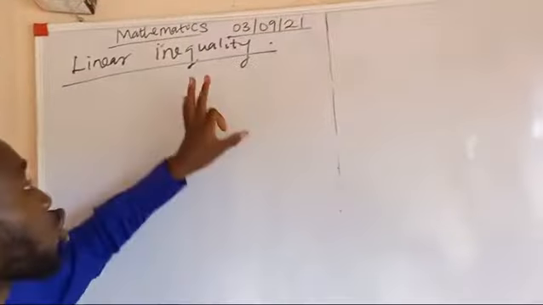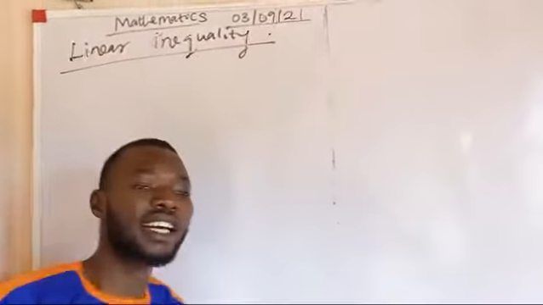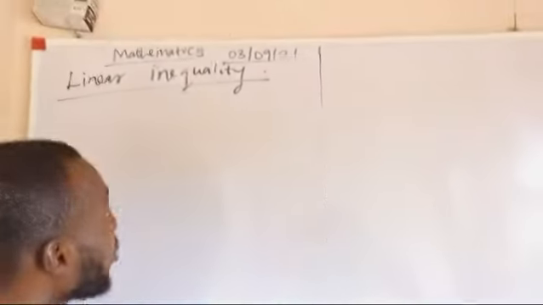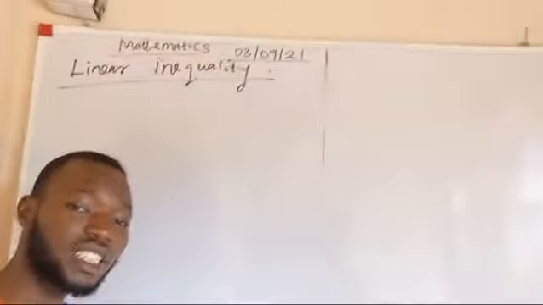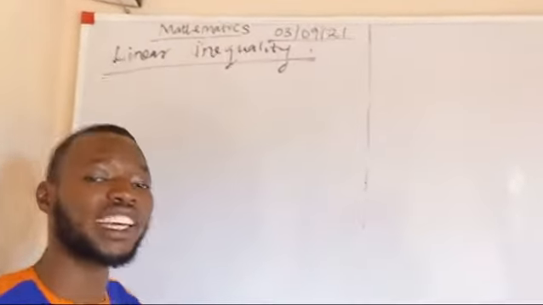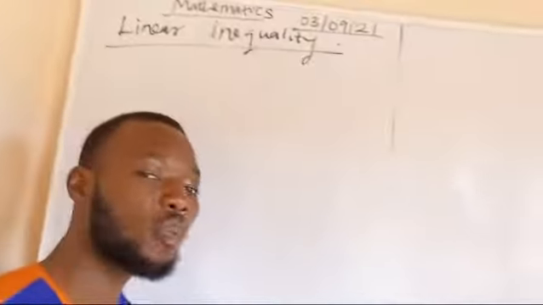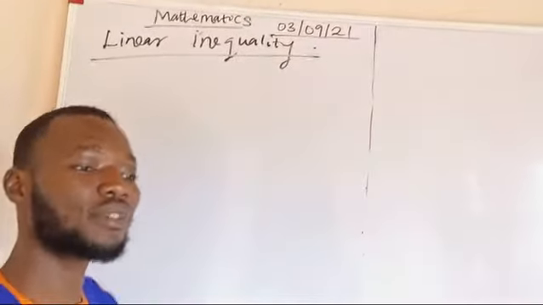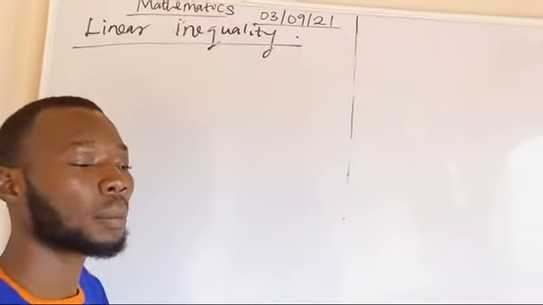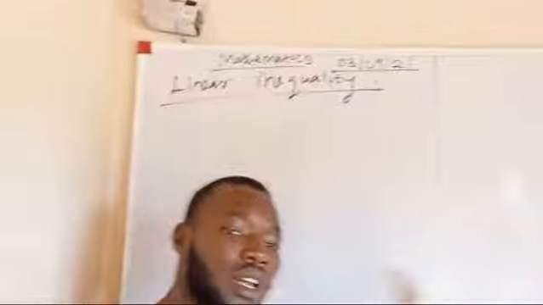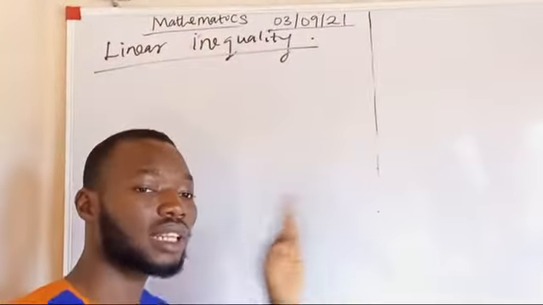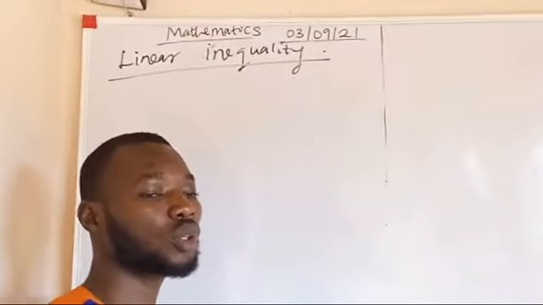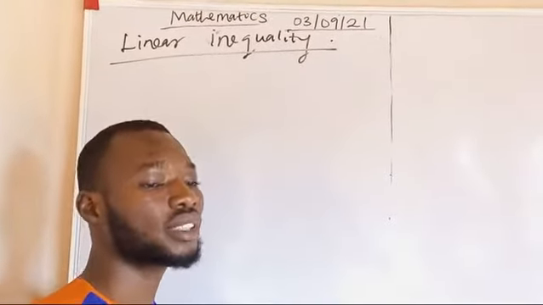let you guys know what linear inequality is all about. Linear inequality is also a mathematical statement, just a mathematical statement that compares two expressions. Let's take for instance, if you say that Michael is taller than Mark, it is an inequality.